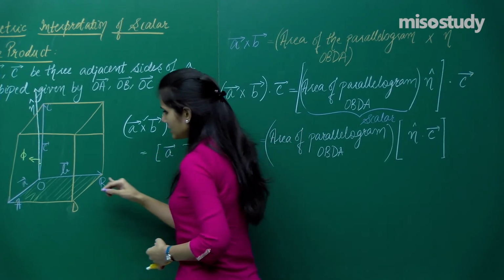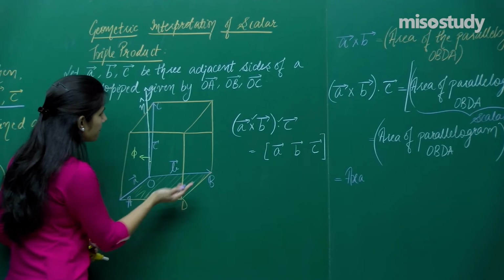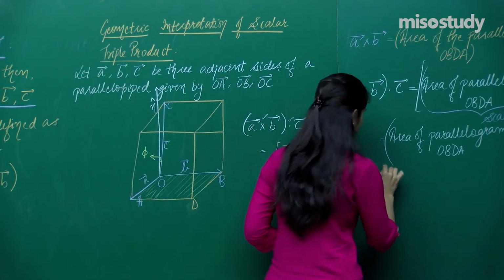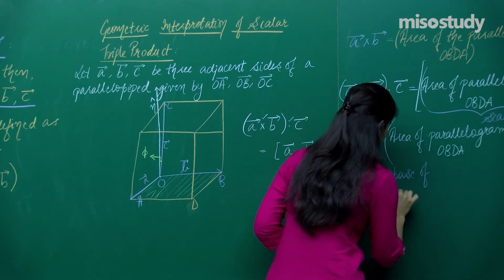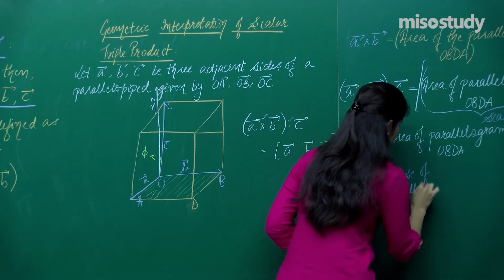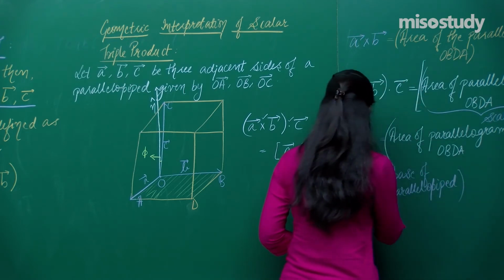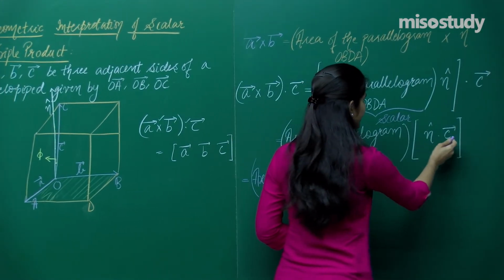Now see, what is this parallelogram OADB? This is actually the base of this parallelopiped. So I can say area of base of the parallelopiped times n cap dot C vector.